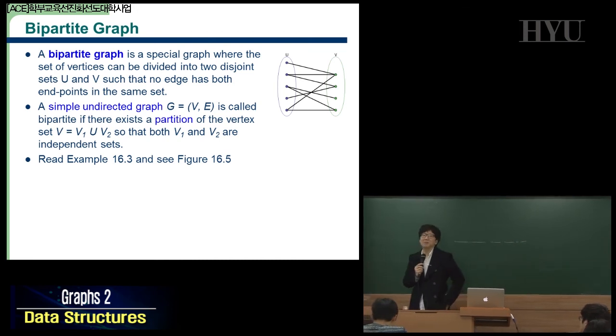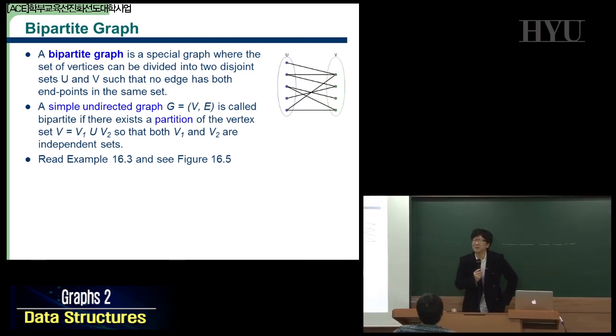So sometimes in some questions, they give a very complex looking graph and ask you to find out whether this given graph is a bipartite graph or not.